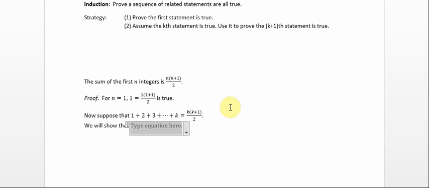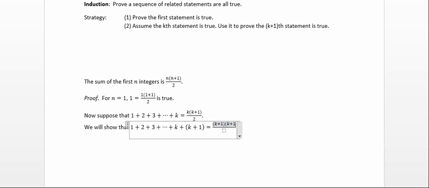What we want to prove is that if we add up the k plus 1 numbers, 1 plus 2 plus 3 plus and so on, that one works as well with a k plus 1 plugged in. So we're going to use this to prove this. And if we can do that, we will be done.